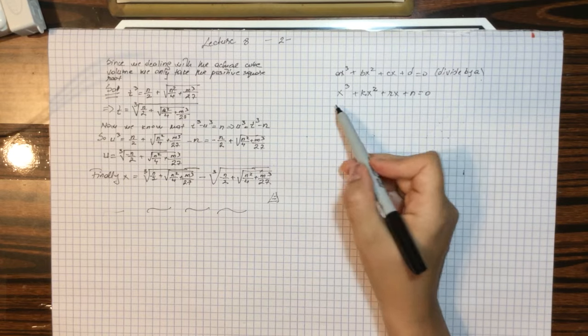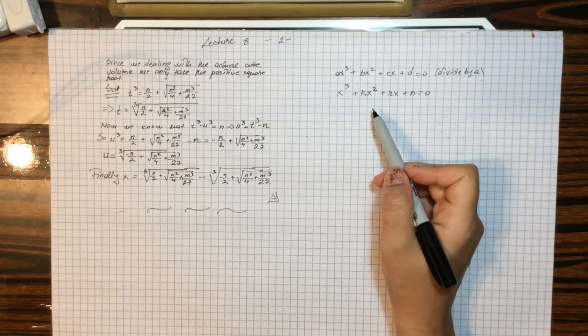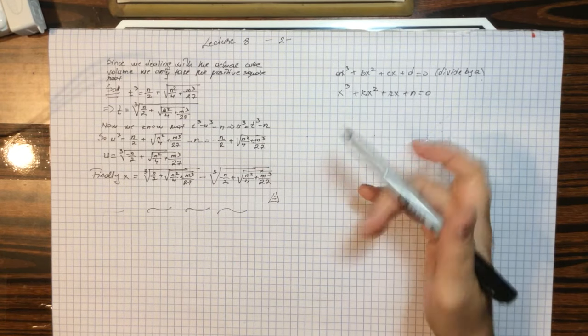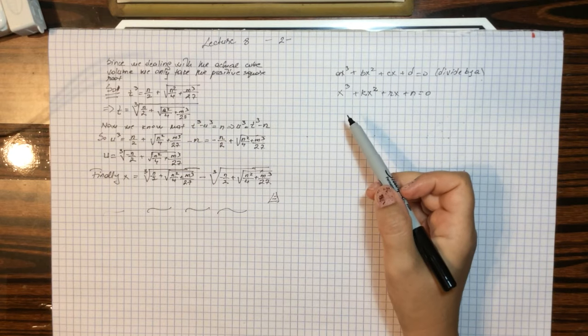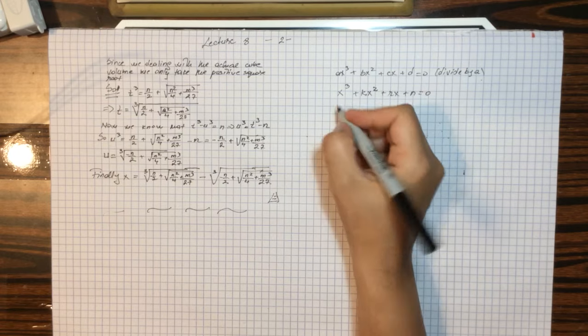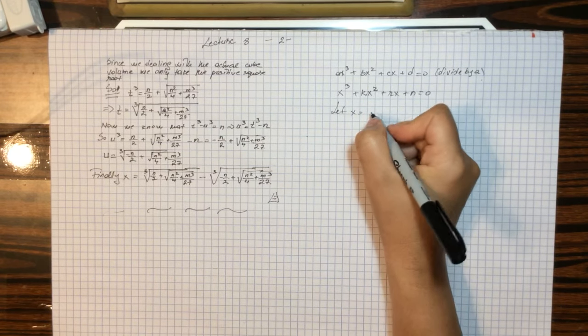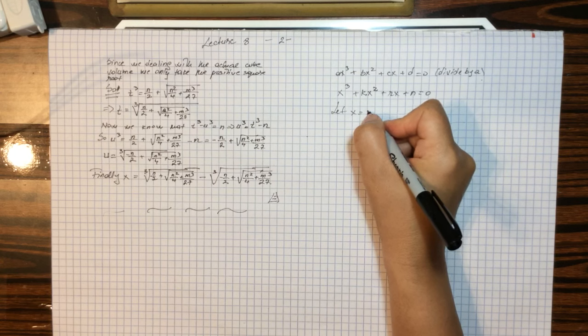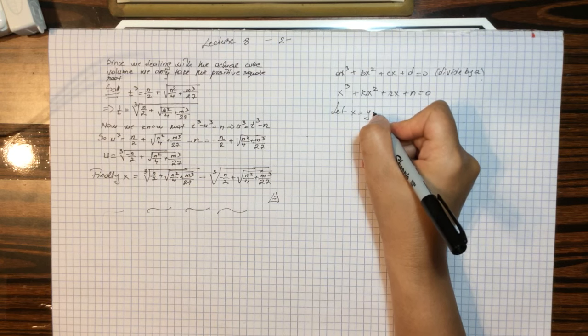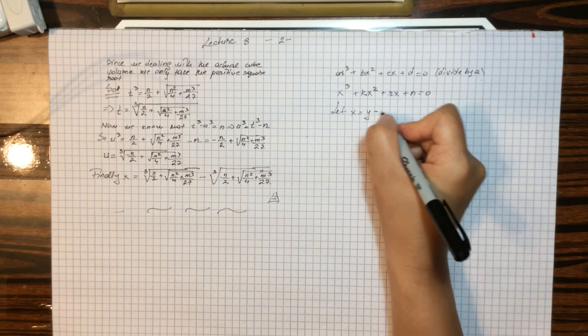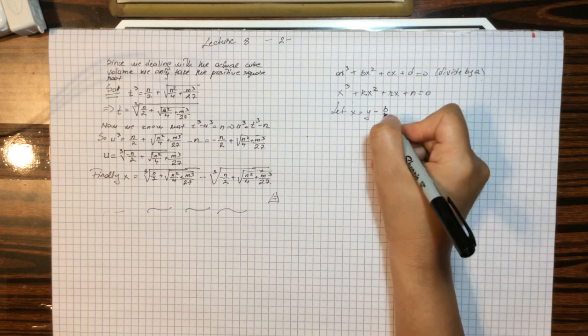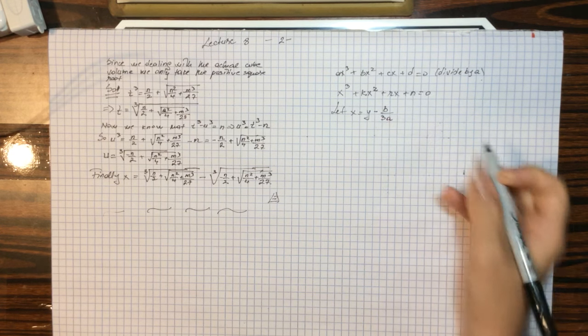Now, in solving such a more general cubic equation, he proposed the following. He made a change of variable. He let x be equal to, or introduced a new variable, let me call it y, variable y, minus b over 3a.